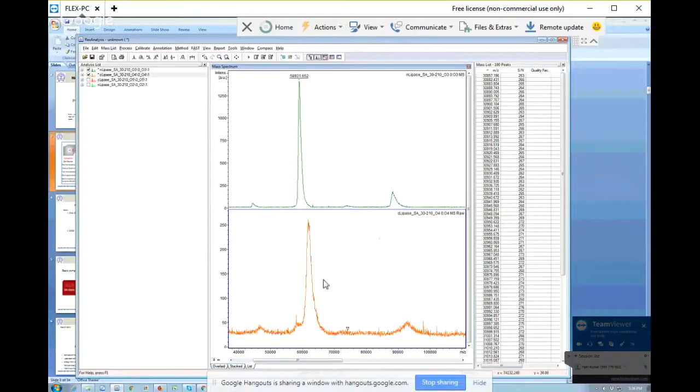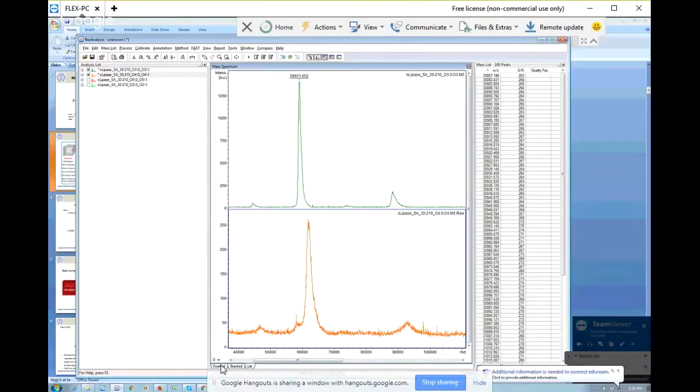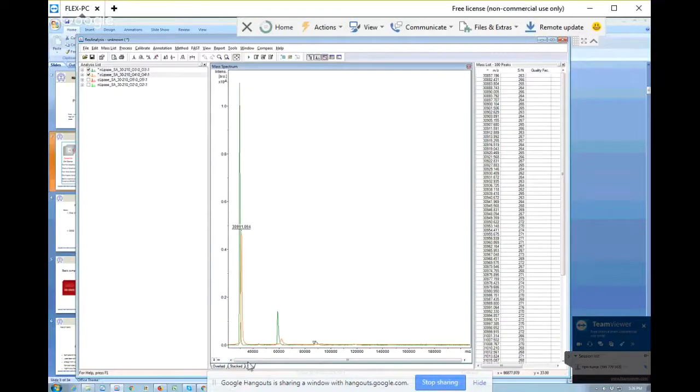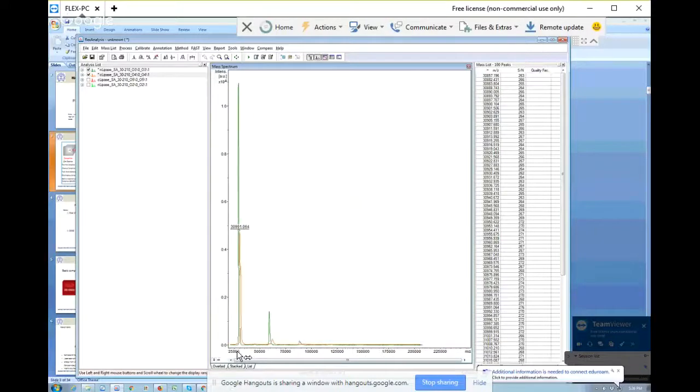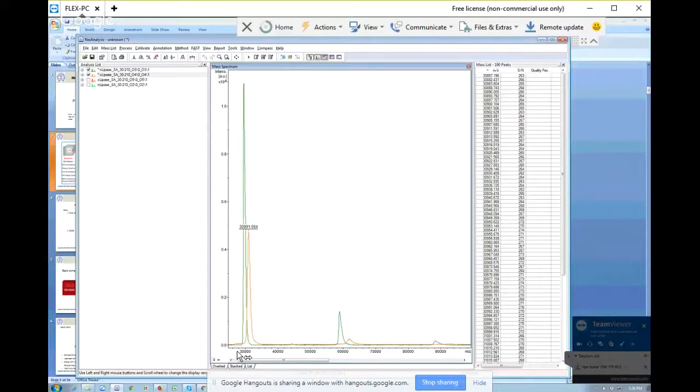This could be better represented if we overlay these two spectra. Once we overlay them and expand the region of interest, it is very clear that there is a definite shift in the molecular weight, which means the modification that was being tried is now successful.